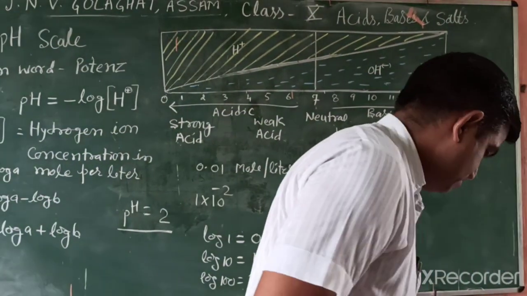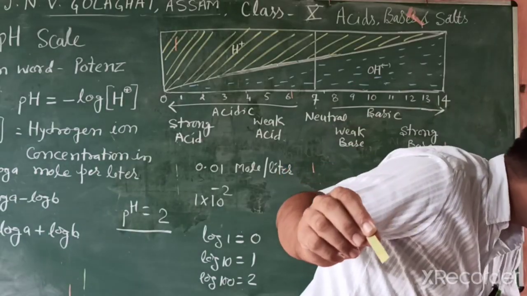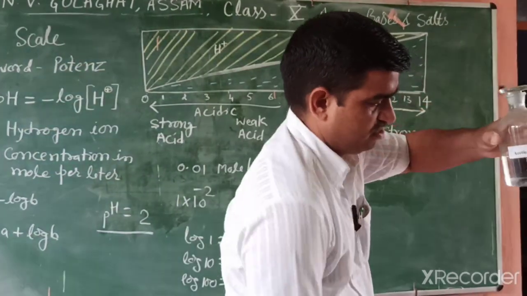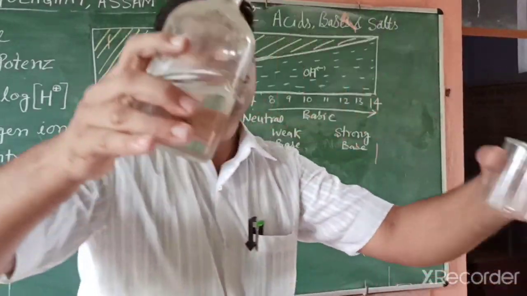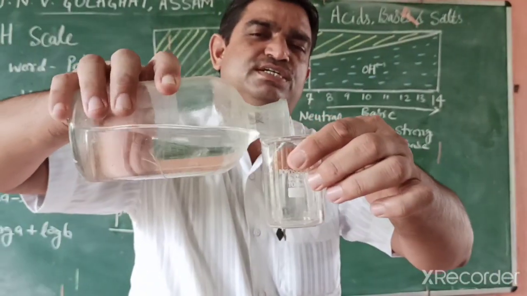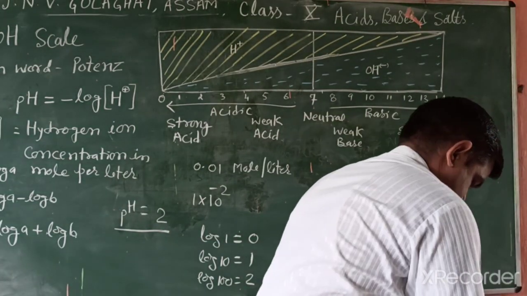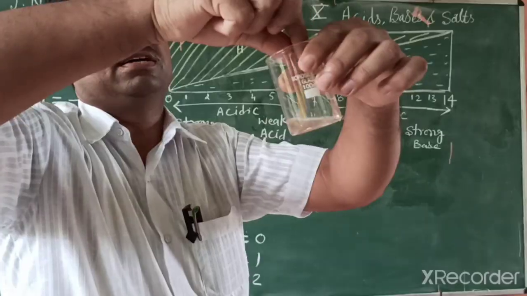If we dip this pH paper in acetic acid, we know it is a weak acid. So when we try acetic acid, we take a small amount of acetic acid in this, then we will observe what change in color.